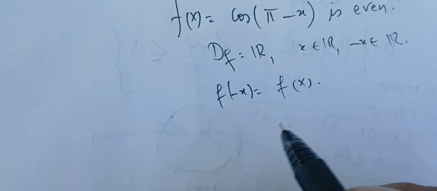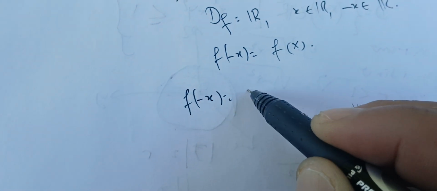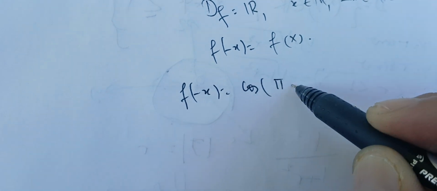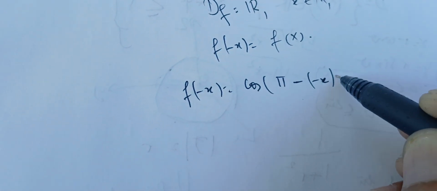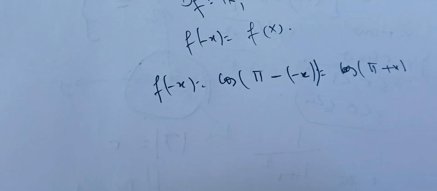In our case here, we see that f of minus x is going to be the cosine of pi minus x, which is the cosine of pi plus x.